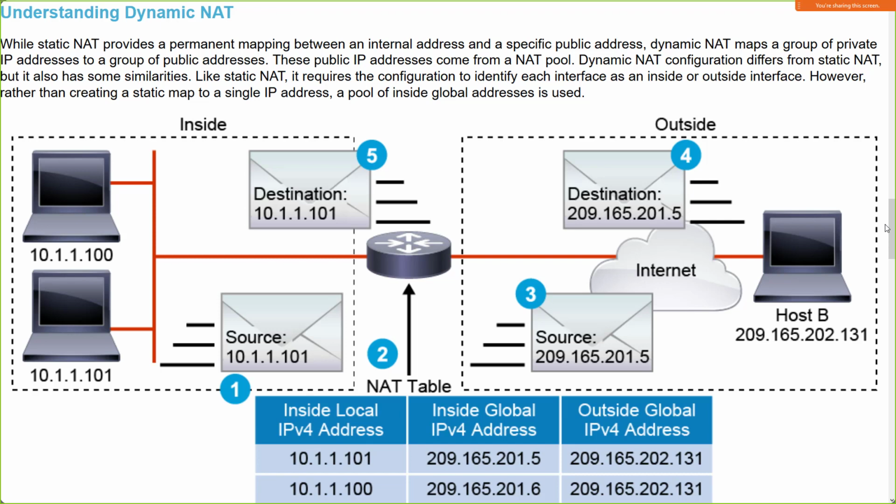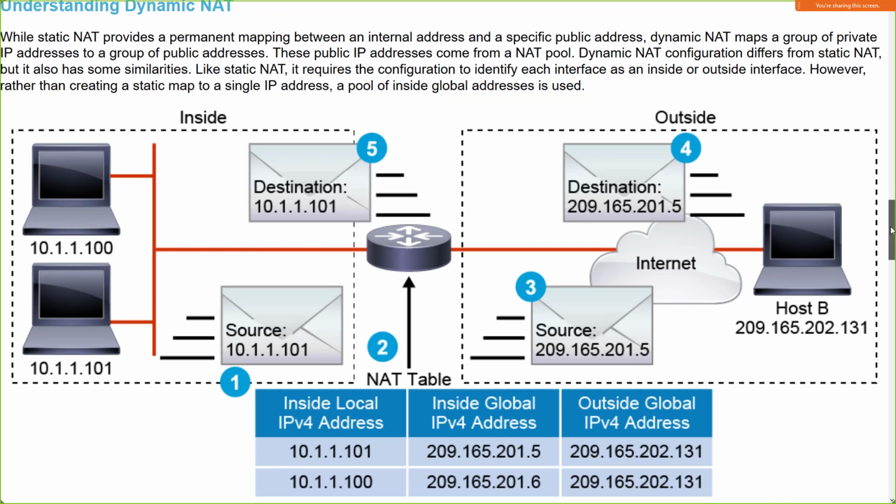There's a serious limitation in that regard because the pool has to be as large as the number of clients that you want to facilitate, which is really not very practical. But there is definitely a use case scenario for dynamic NAT, and we will see that in a little bit.